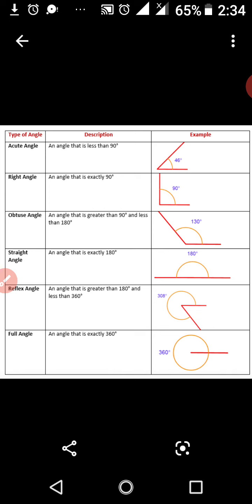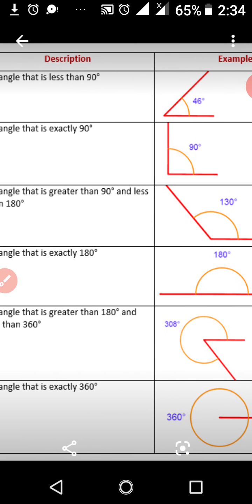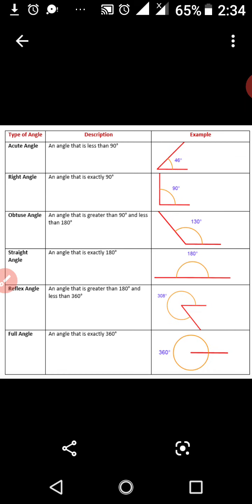So if you see the example, it may be 46 or 50 or 79 or 1 degree. So an angle which is less than 90 is known as acute angle. Next one is a right angle, an angle that is exactly equal to 90 degrees, like a perpendicular shape, L shape. So this is a right angle.